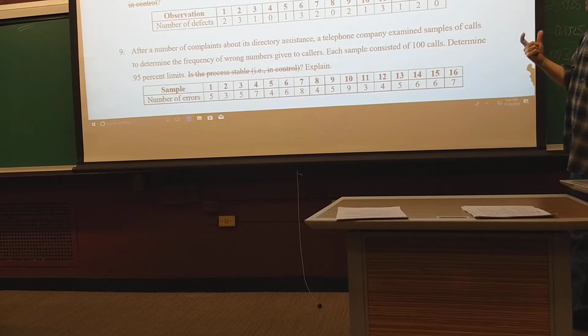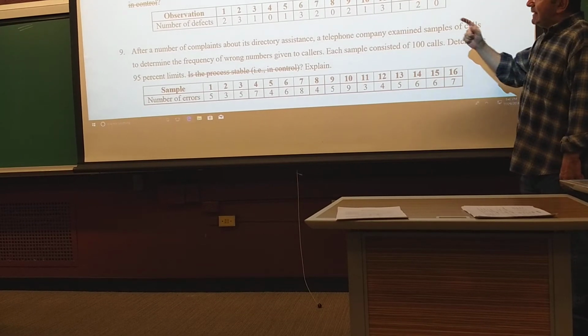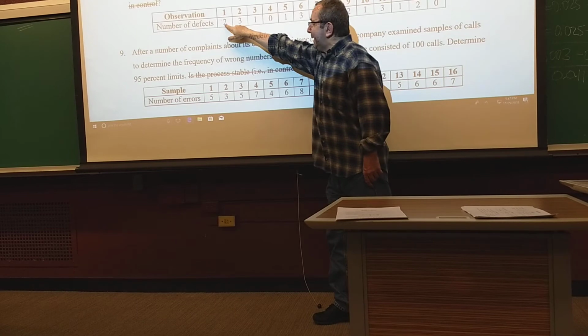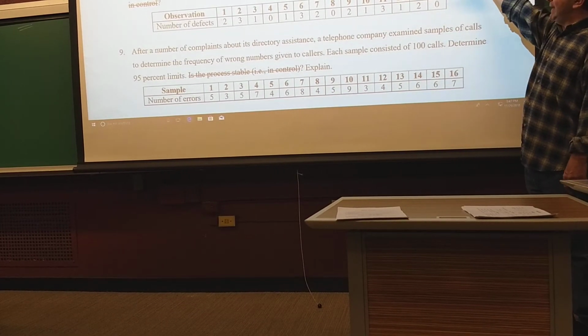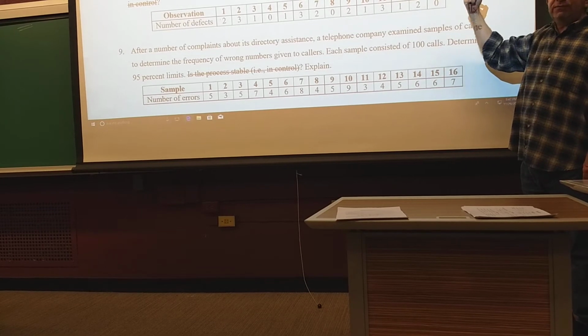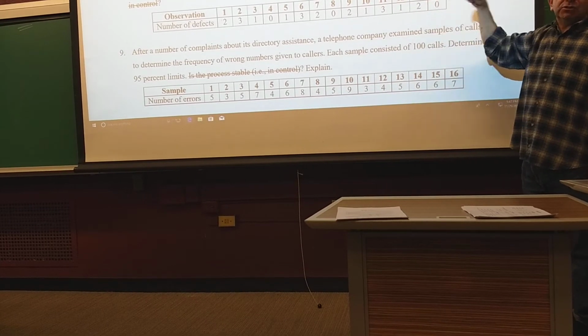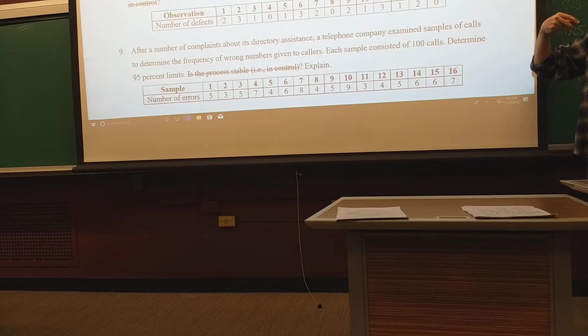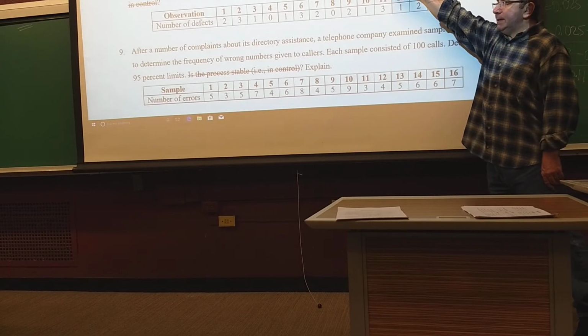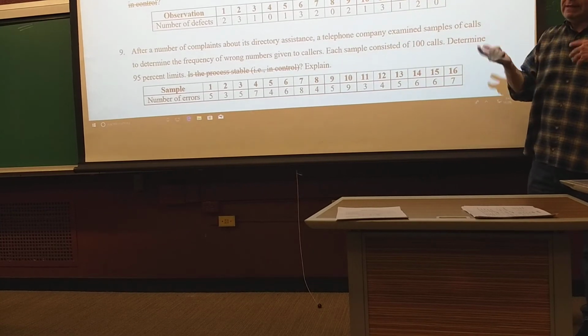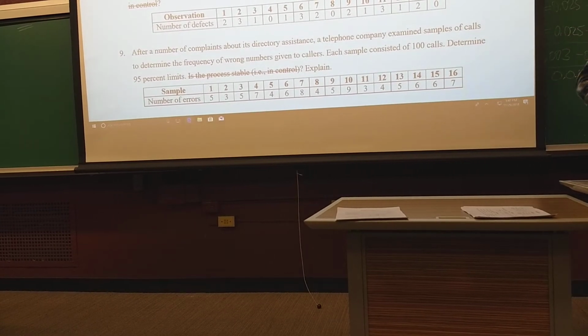We find C by adding up all these defects and dividing the sum by 14. That's our C value. We know Z is 3, and then we can find the upper and lower control limits.